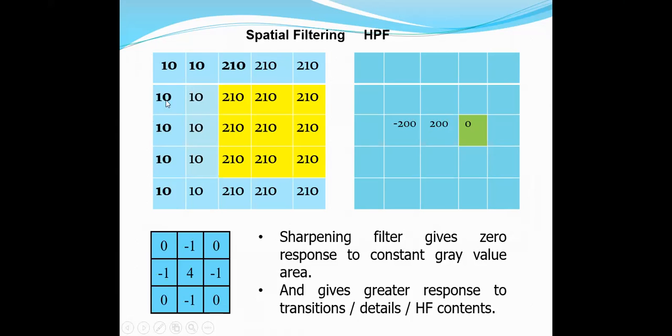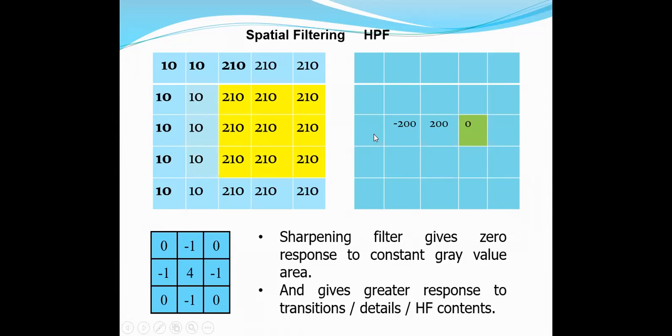For the very first pixel, there is a transition from 10 to 210, and hence we are getting a large difference value, which is minus 200. Then for the next pixel, again there is a transition with respect to the central pixel, so we are getting a very large value. But when we apply the filter on constant gray values, we are getting 0 response.